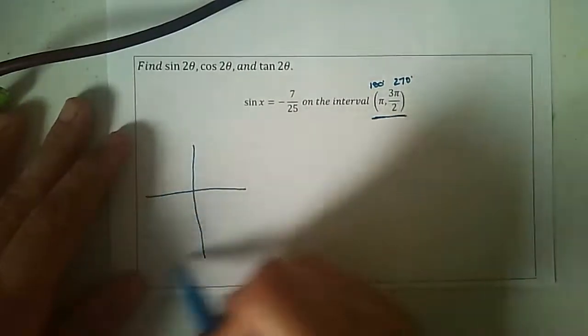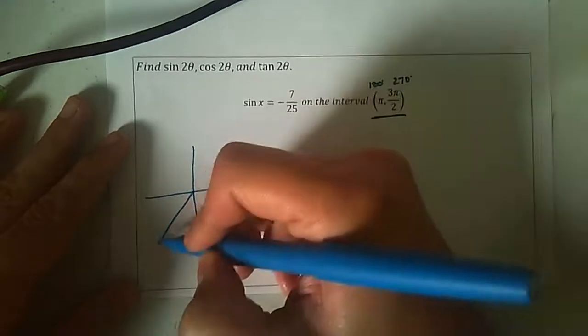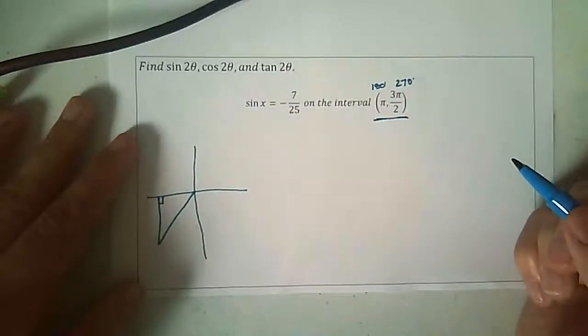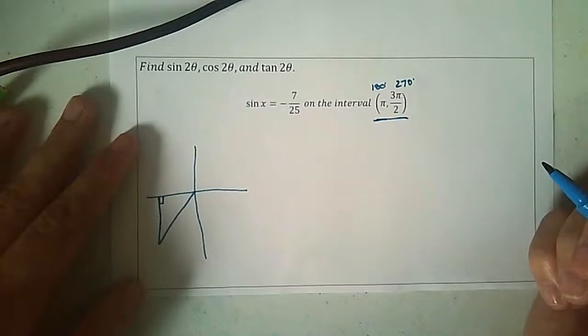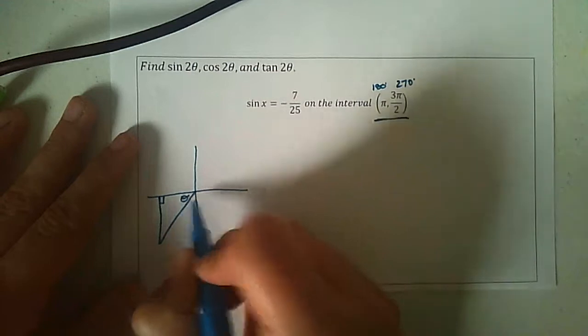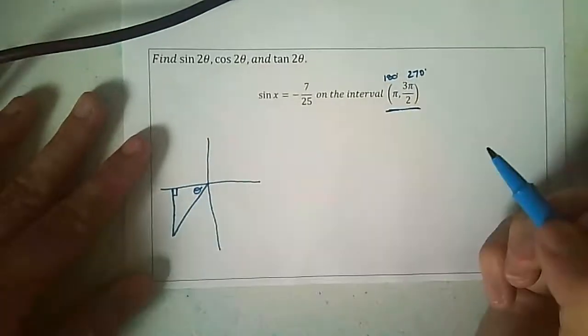So on the interval pi to 3 pi over 2, that is this quadrant right there. So I'm going to go ahead and draw a reference triangle in that quadrant. Remember, our theta always goes touching the origin. It's always that angle right there. So that's the one I'm looking at.